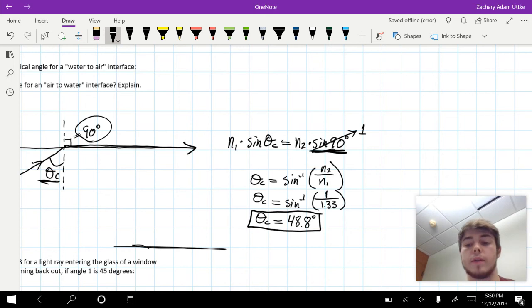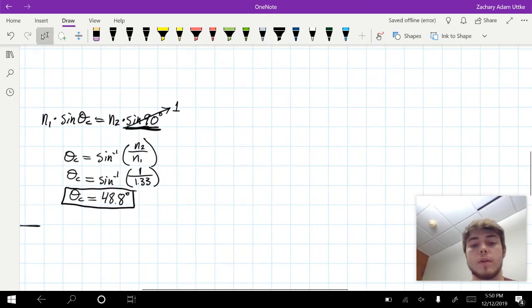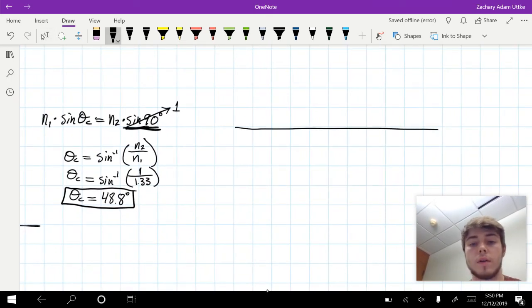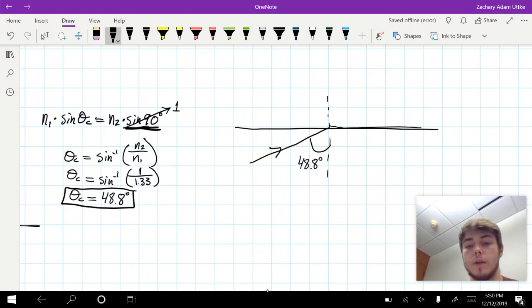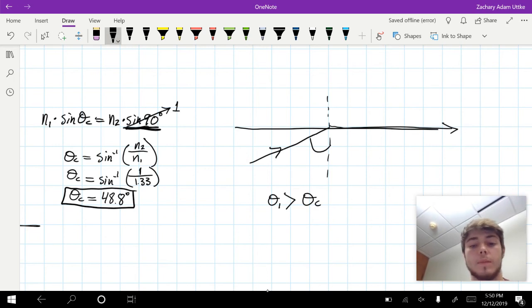So thinking about this now, let's redraw it. So if our ray coming in is at that critical angle of 48.8 degrees, normally it'll jet out like that right along the surface of the water. What happens if we exceed this angle, this critical angle? So let's say theta 1 is greater than theta c. So just something to think about.